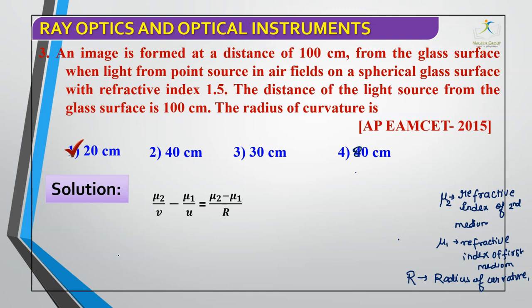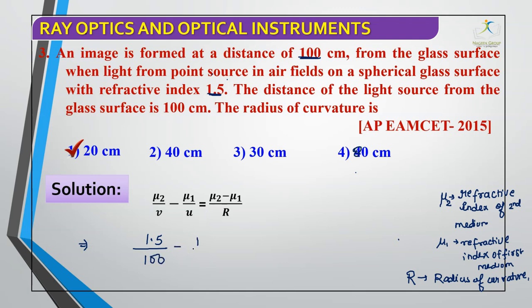For more elaboration, I want to do the solution part. μ2 is given here as 1.5. So 1.5 by v, the image is formed at a distance of 100, minus μ1.